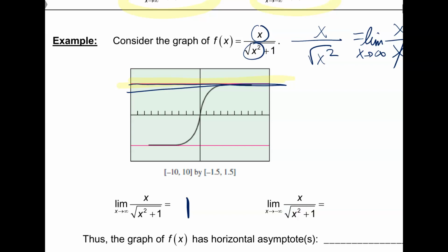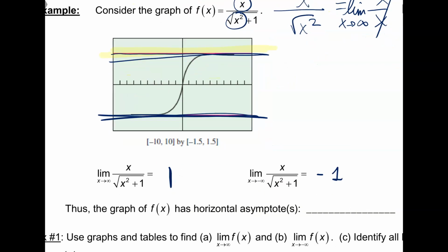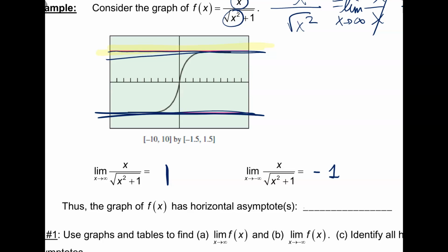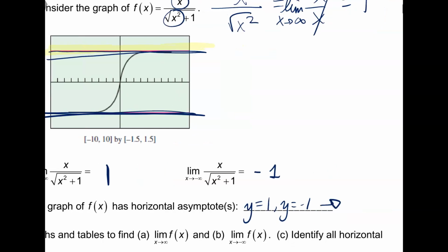So then I'm going to have a negative over a positive, so this would actually be a negative 1. We're approaching negative 1, the asymptote down here. Thus, the graph of f of x has horizontal asymptotes at y equals 1 and y equals negative 1. Or you could simplify this and say y equals plus or minus 1. That's where it has its horizontal asymptotes.